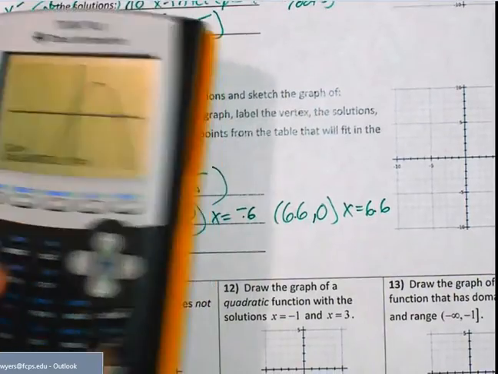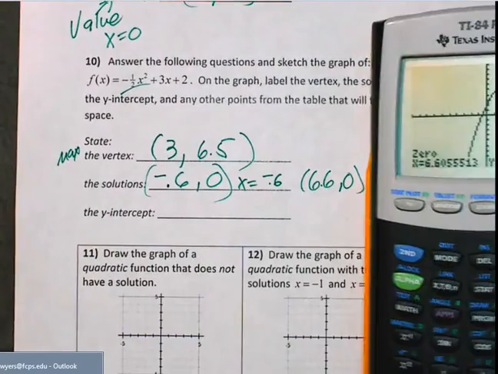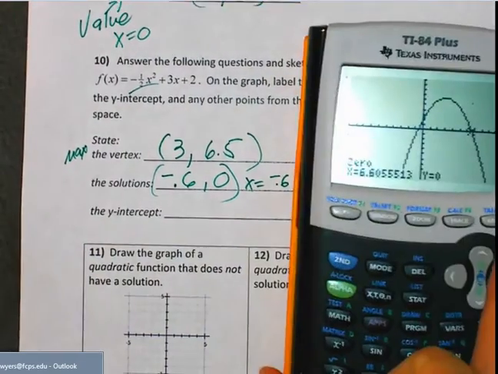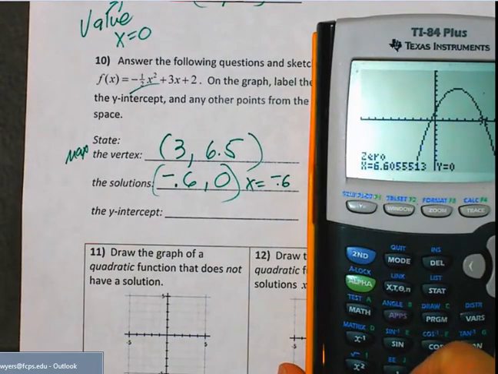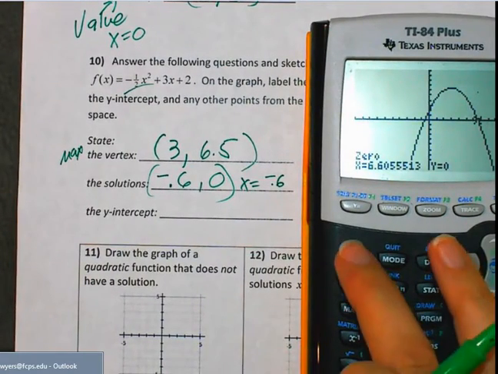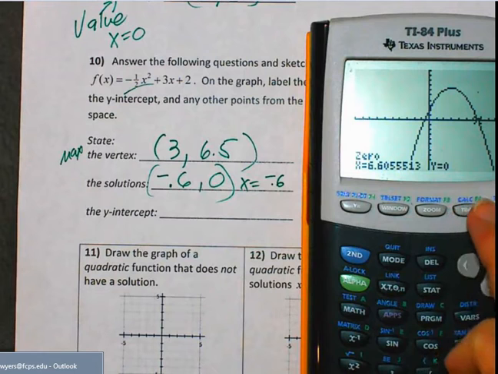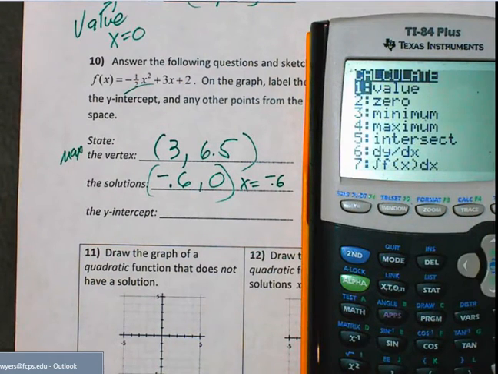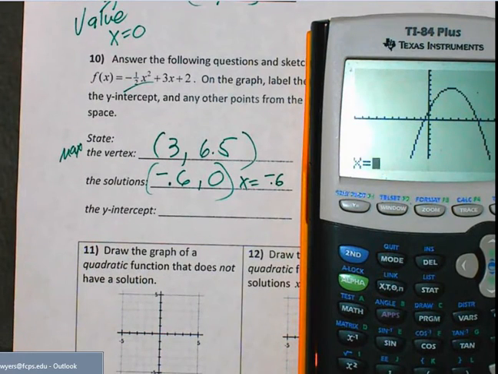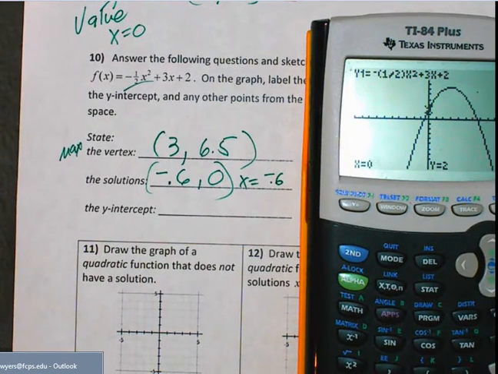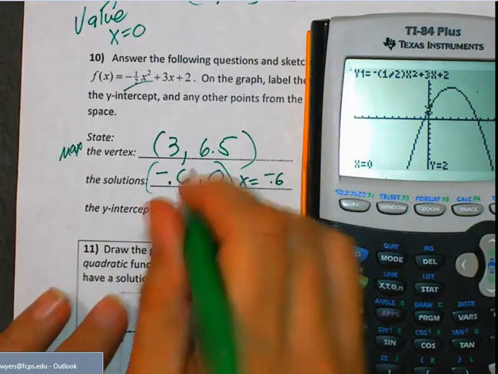Okay, and then before we start graphing, our y-intercept, we know that we can find the y-intercept in second trace, value. Our value of x on the y-axis is 0, so that's going to give us 2, so 0, 2.